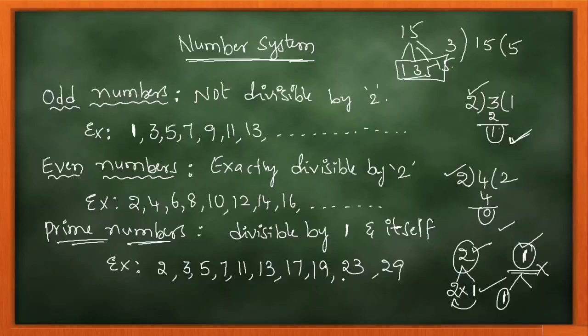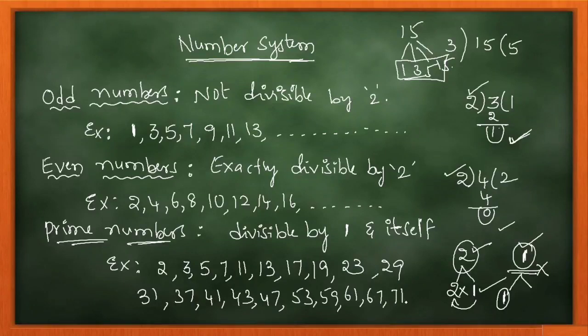23, 29, 31, 37, 41, 43, 47, 53, 59, 61, 67, 71, 73, 79, 83, 89 and 97. These are the prime numbers up to 100.